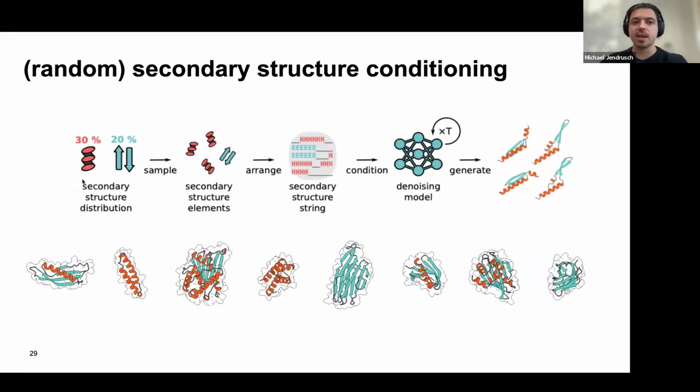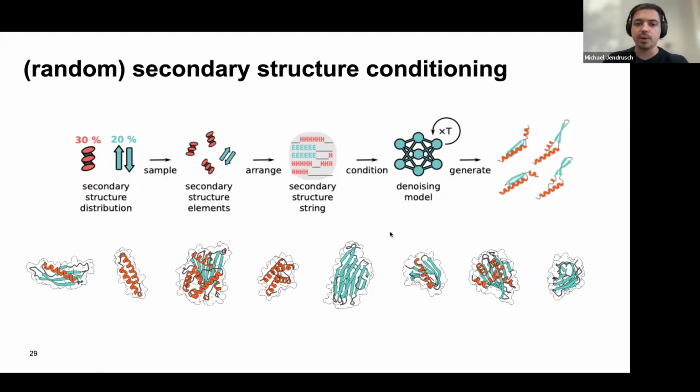And for that, we conditioned Salad with random secondary structure strings. In order to get rid of any secondary structure bias, we sampled a fraction for alpha helices and beta strands from a uniform distribution, then instantiated secondary structure elements, so helices and strands of that length, and randomly arranged them into a string, a sequence of secondary structure annotation for each amino acid, and then conditioned a Salad model to generate structures based on this annotation, like these ones here on the right.